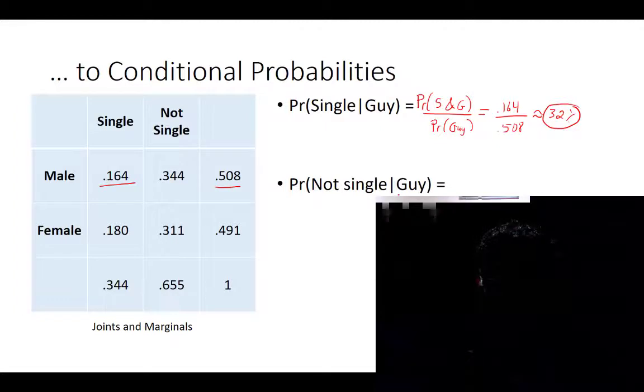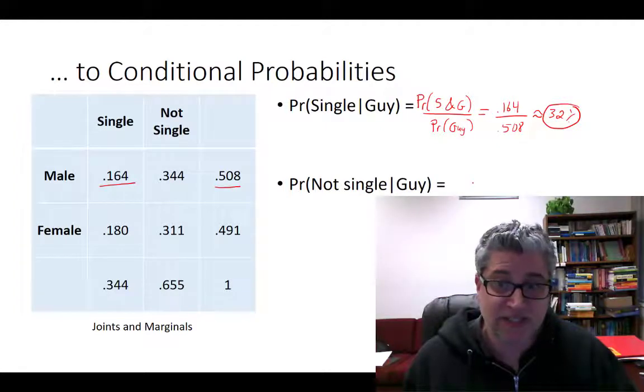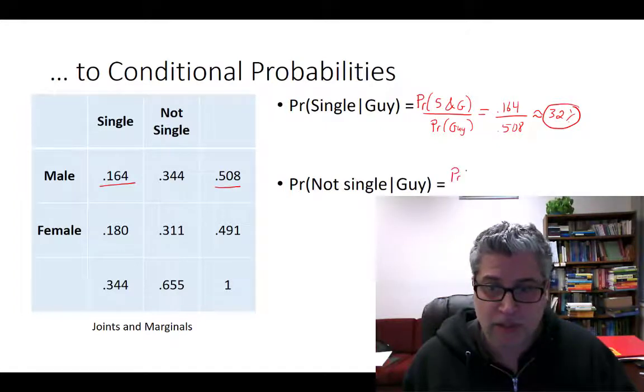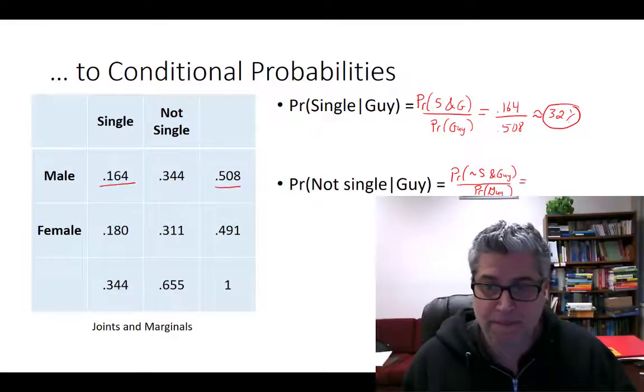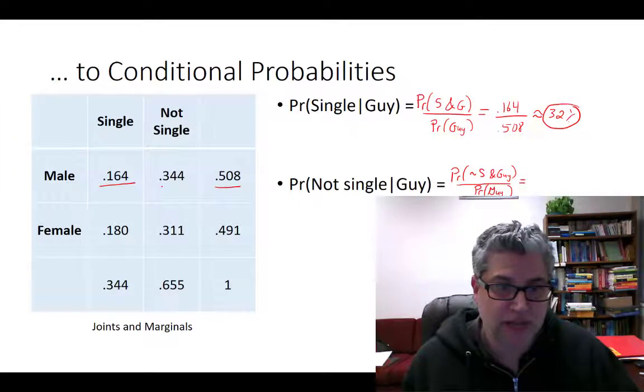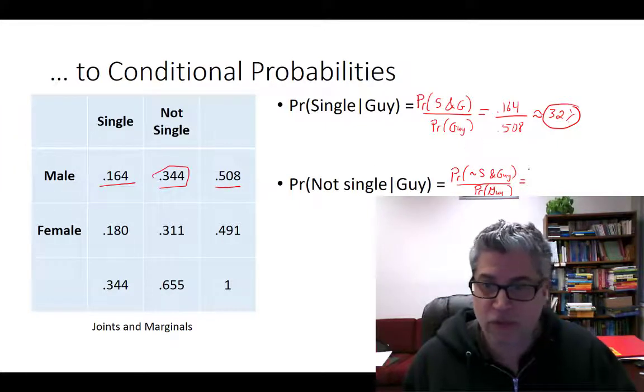Now, what's the probability that that guy you bumped into is not single? It's the joint probability of not single and a guy divided again by the probability of a guy. So not single guy, that's 0.344 divided by this restricted sample space of 0.508.